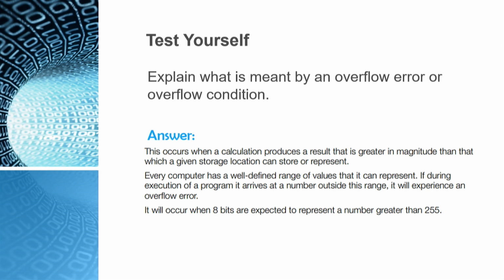Every computer has a well-defined range of values that it can represent. If during execution of a program it arrives at a number outside this range, it will experience an overflow error. It will occur when 8 bits are expected to represent a number greater than 255.